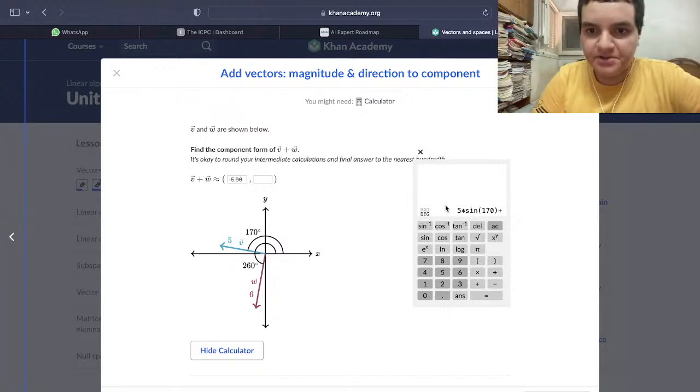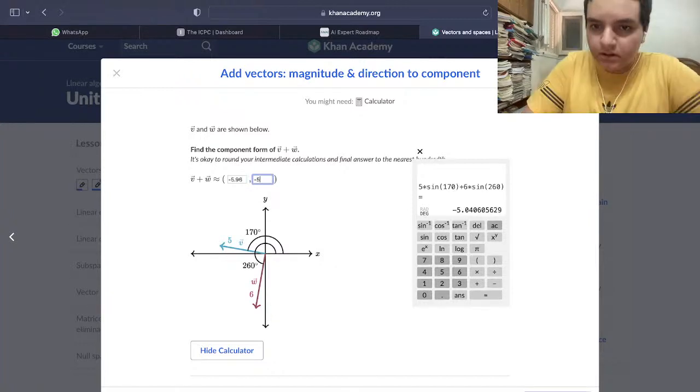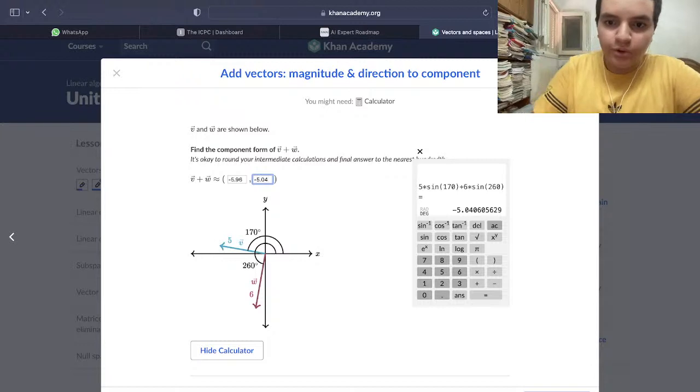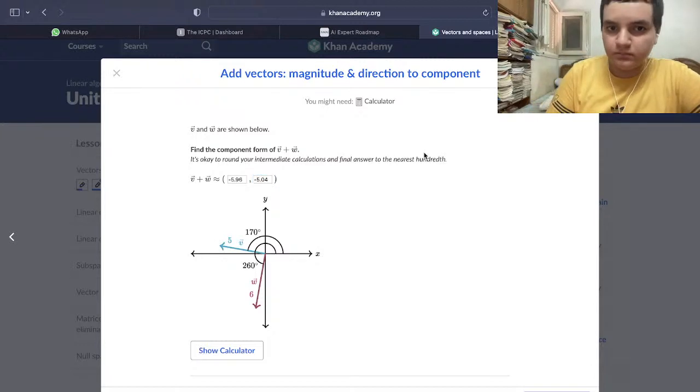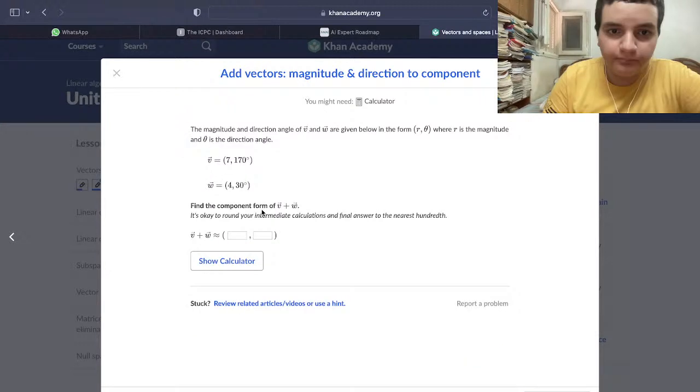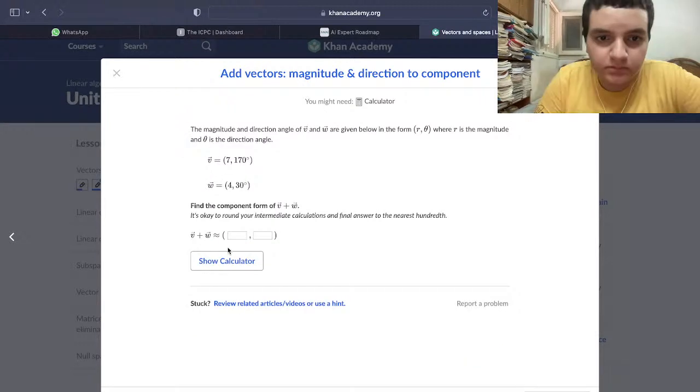5 by sine 170 and 6 by sine 260. Negative 5.04. Check it. And show your calculator.